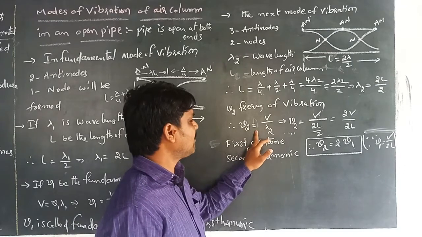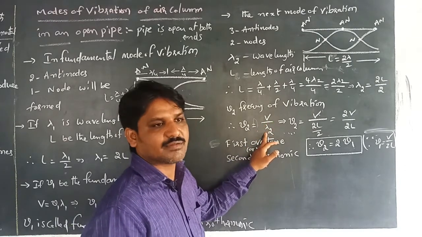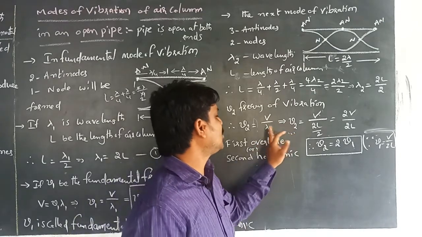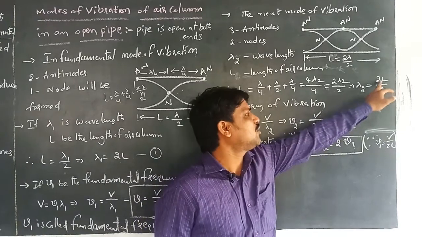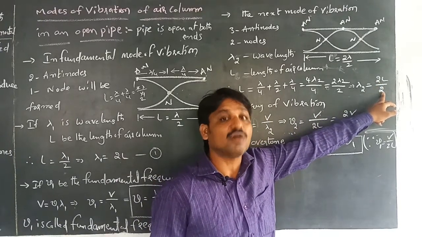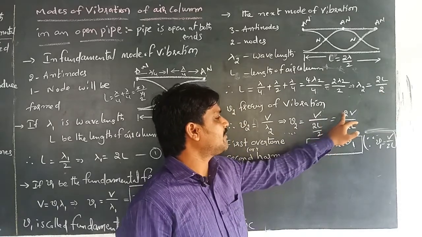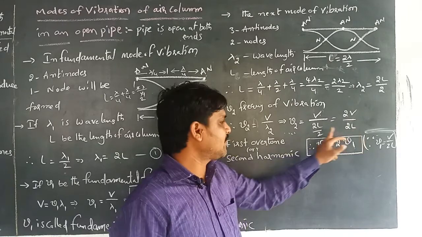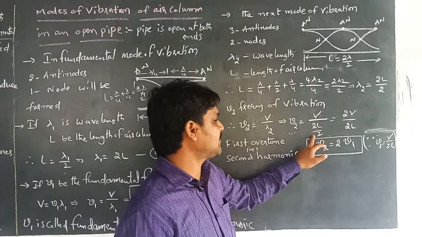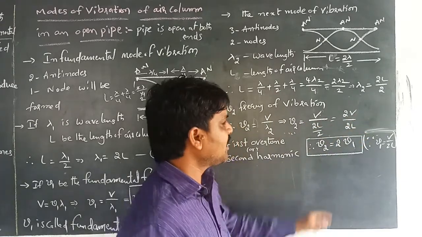So nu2 is equal to V by lambda 2, from the speed of a wave formula. With lambda 2 equal to 2L by 2, nu2 is equal to V by 2L by 2, which becomes 2V by 2L, because the denominator 2 moves to the numerator.